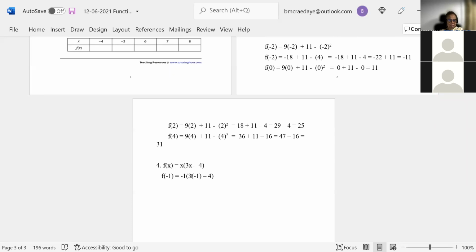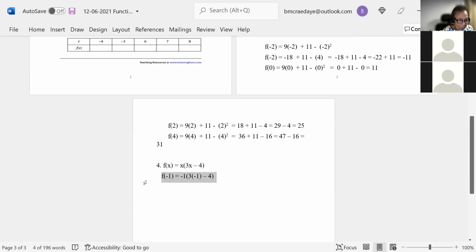Any problems about your substitution? Wherever you see the input, you want to put that -1. So f of -1 will be -1 for the x times parenthesis 3 times the x, which is a -1, minus 4, close paren. So we do PEMDAS, we do what first?